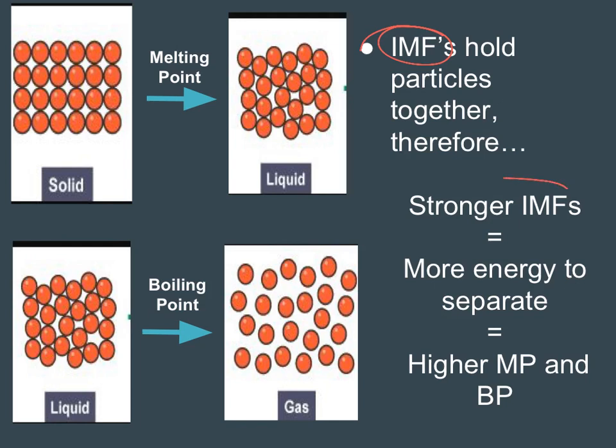The stronger those IMFs are, the more energy it takes to separate them, causing a higher melting point or a higher boiling point. Next class, we're going to get more into the specifics about hydrogen bonding, London dispersion forces, and dipole-dipole, and talk more about why they cause a high melting point or boiling point, or how we know that one is stronger than another.